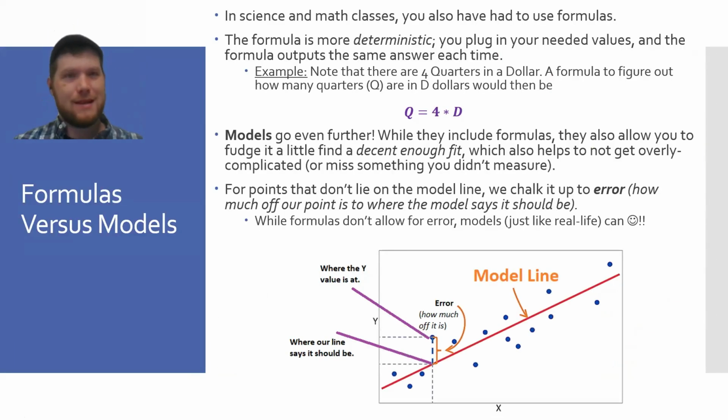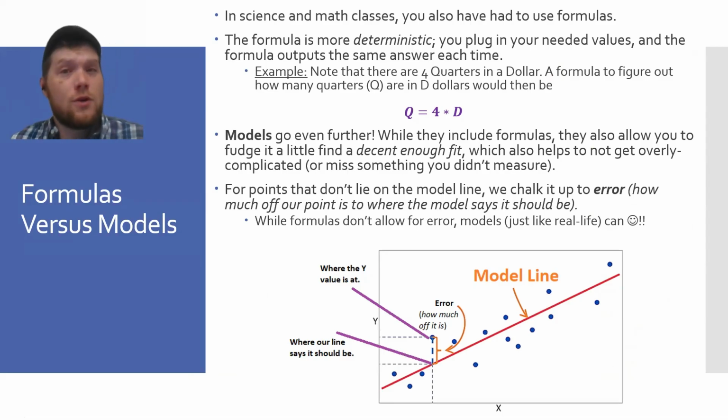All right, let's extend further. In math and science classes, you have also used formulas. Formulas are more deterministic. Just like the conversion from Celsius to Fahrenheit or inches to feet, you just plug in your needed values, and the formula outputs the same answer every time if your input is always the same.